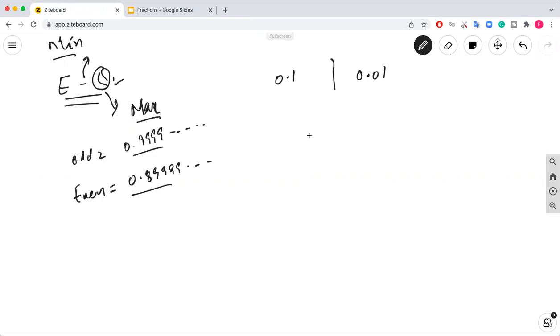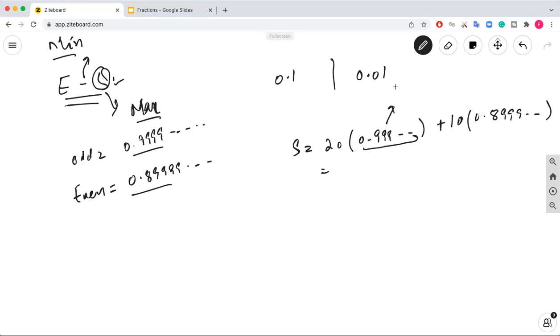Now for the total sum, we have 20 of 0.999 and 10 of 0.899. This is very close to 1. For simplicity, let's consider this as 1 and this as 0.9. So we have 20 into 1 plus 10 into 0.9, which is 20 plus 9, so 29.